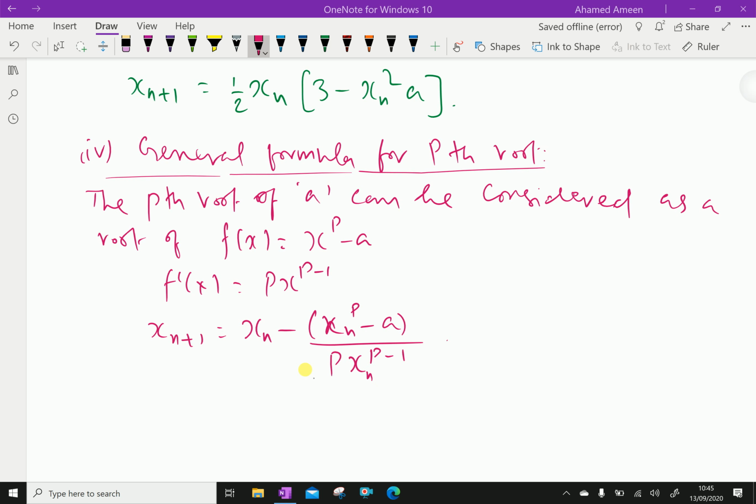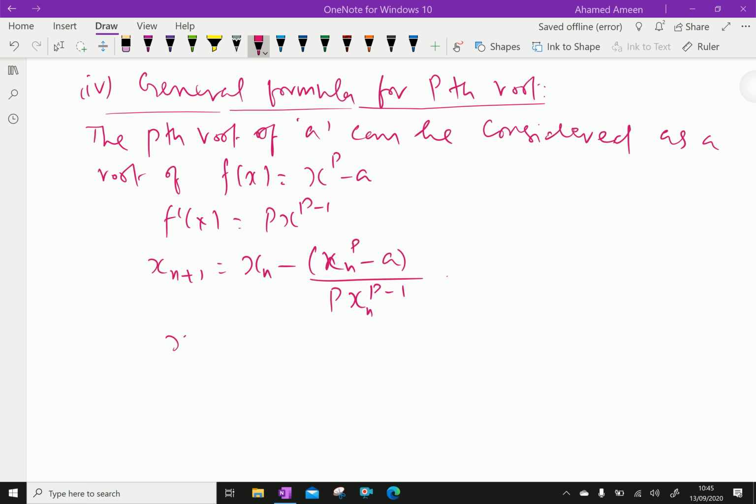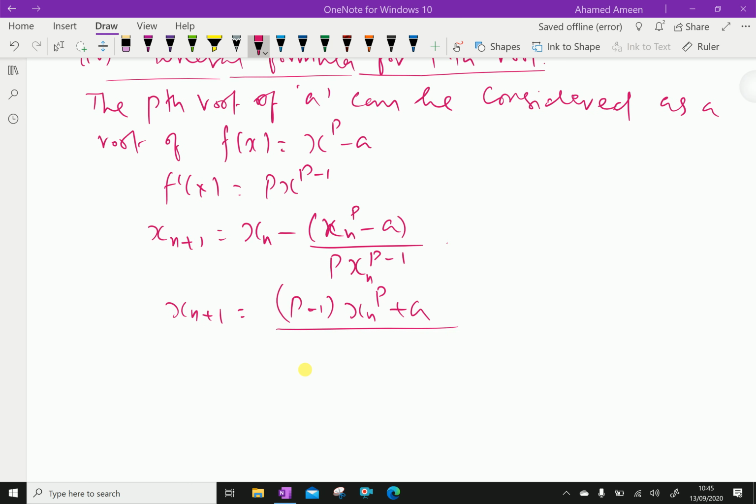Further it's simplified, you have x n plus 1 equal ((p minus 1) x n power p plus a) over (p into x n power p minus 1).